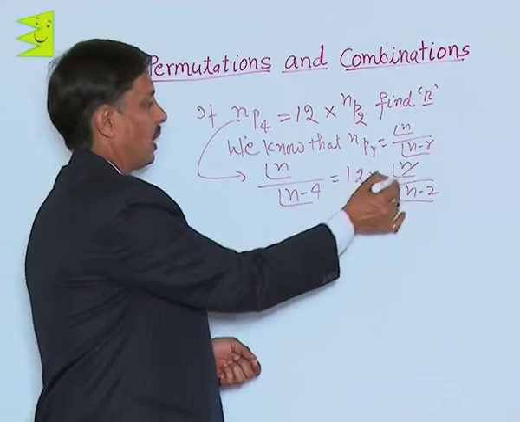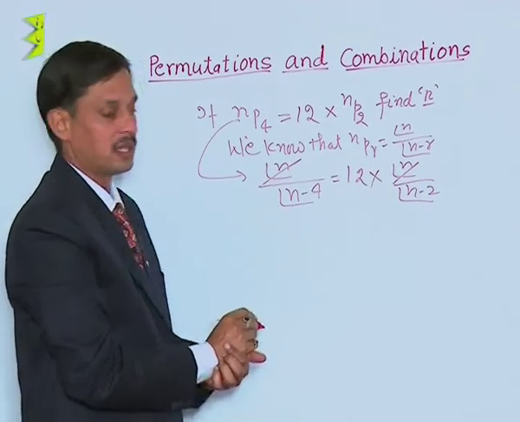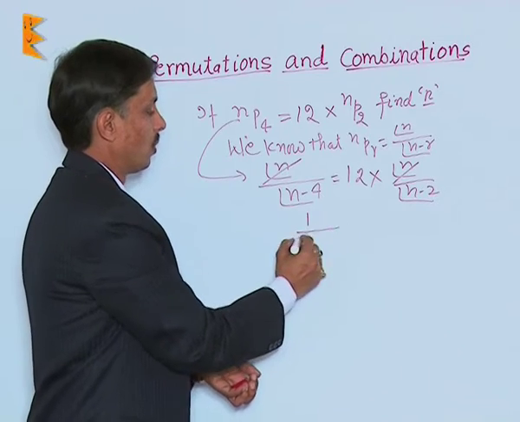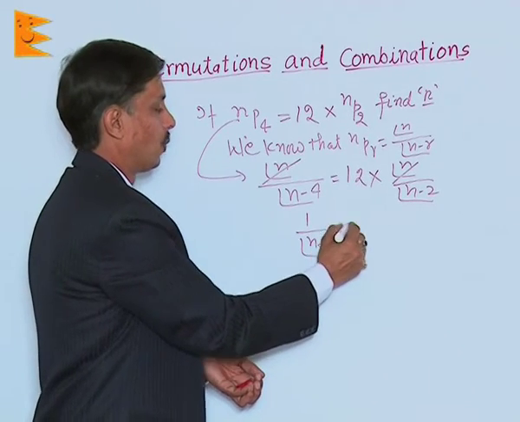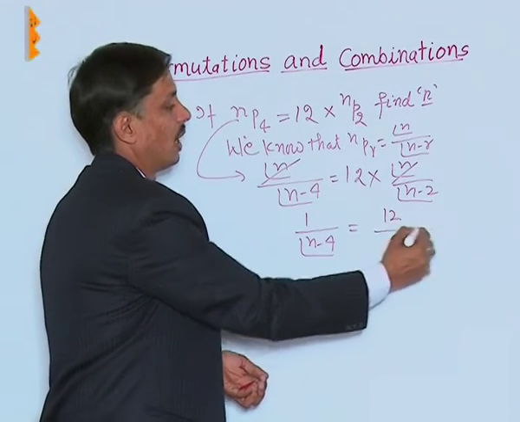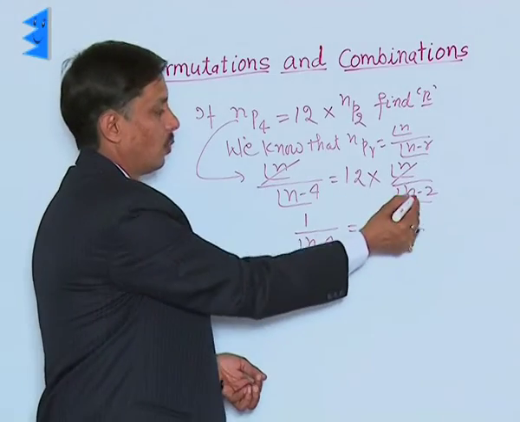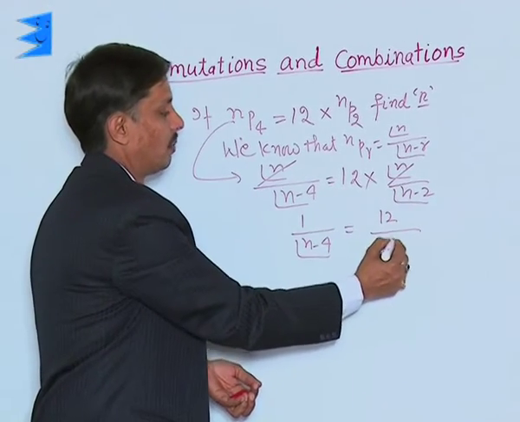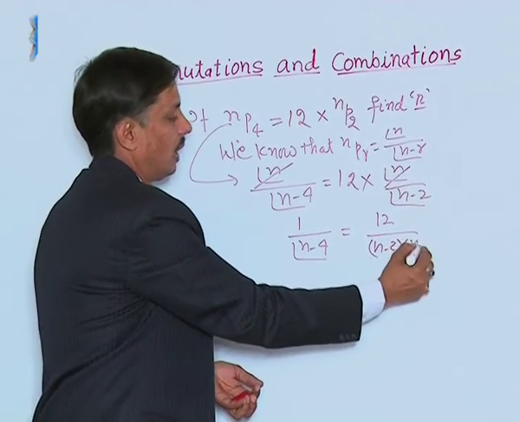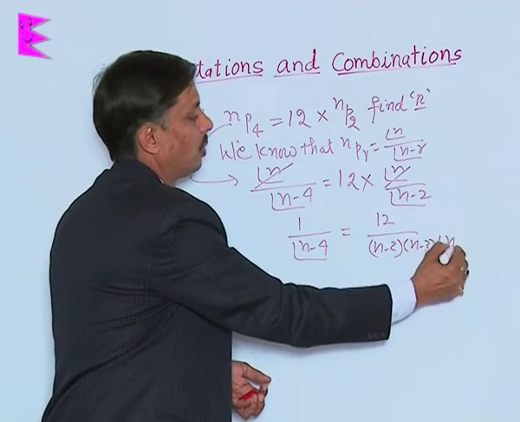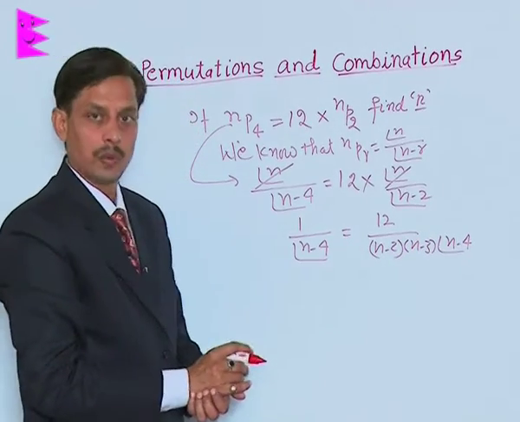Here factorial n gets cancelled. We get 1 upon factorial n minus 4 equals 12 upon what? We can write (n minus 2)(n minus 3) into factorial n minus 4.